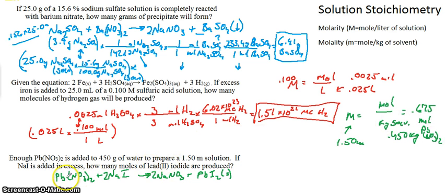So now we go back to the stoichiometry. I have a certain amount of this, and they want to know how much of this is coming out. Well, this ends up being a rather easy problem. I'm going to squeeze this over here on the side because it's a one-to-one relationship, and they don't even want grams. All they want is the moles of lead-2 iodide.